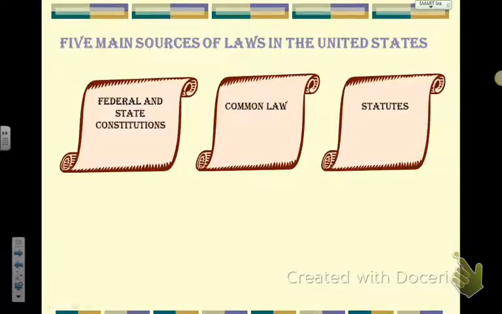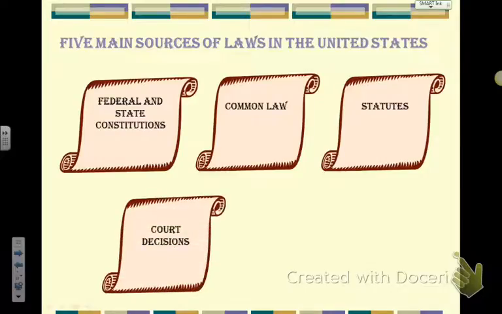Third are statutes, both federal and state statutes. Fourth is court decisions.